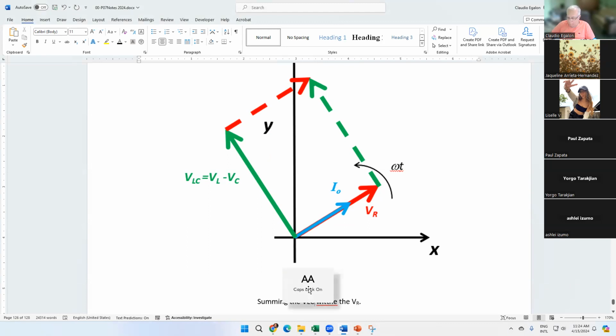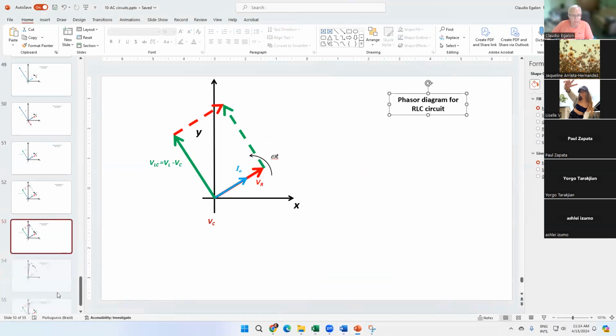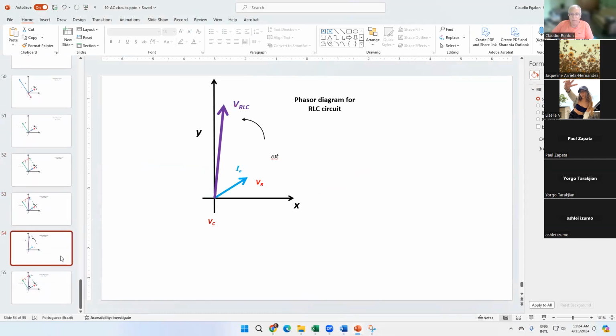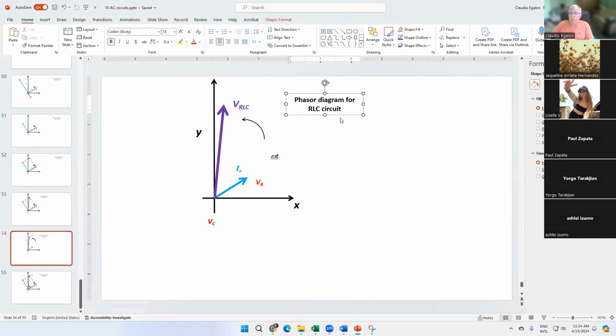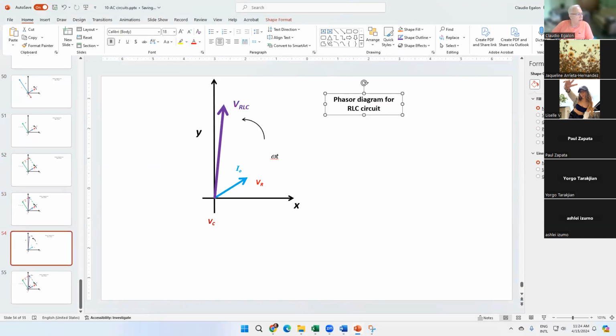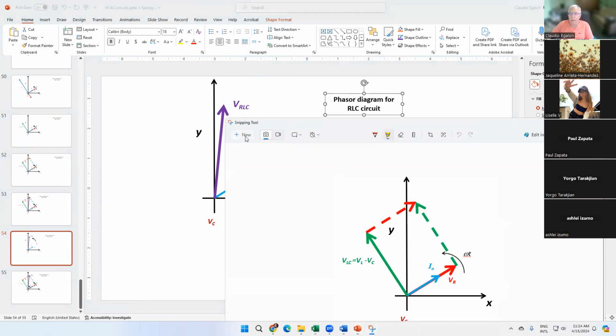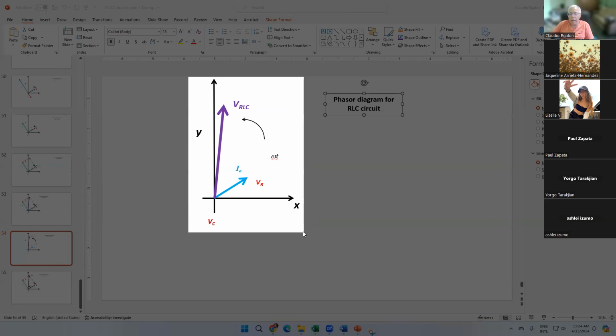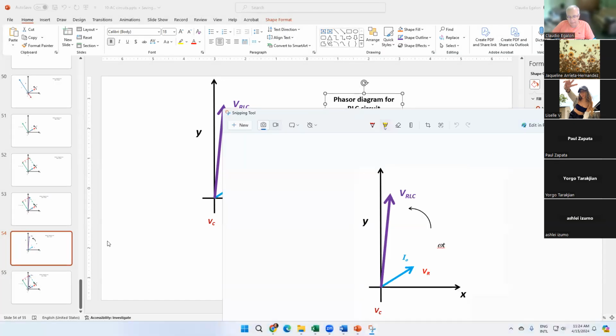What do we get? Well, we should be able to do that. Let's see. It's going to be something like that. Okay. I'm going to move this guy a little bit to the right. And we end up getting this.